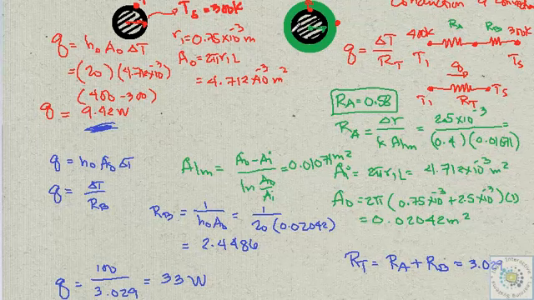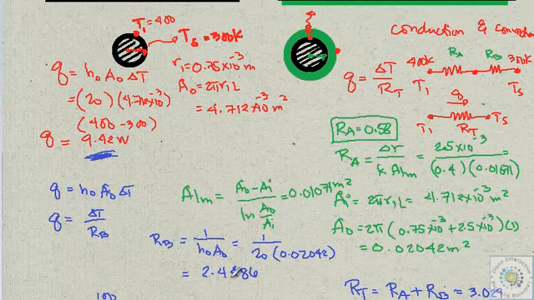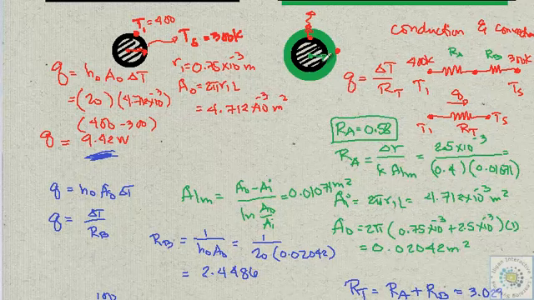The resistance offered by the air is high, 2.4, while the resistance added by the insulation is quite low, only 0.58. The increase in area, as you can see, A_o here was just 4.72 times 10 to the negative 3, while here it has increased to 0.02. This is 0.0047, so roughly a 4 times increase in the surface area exposed to the air.